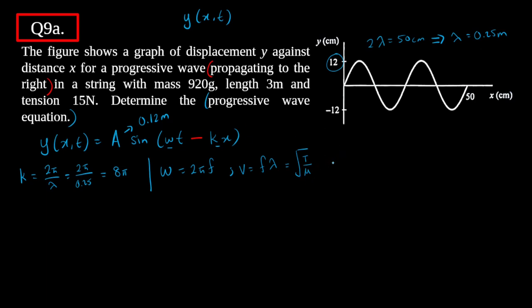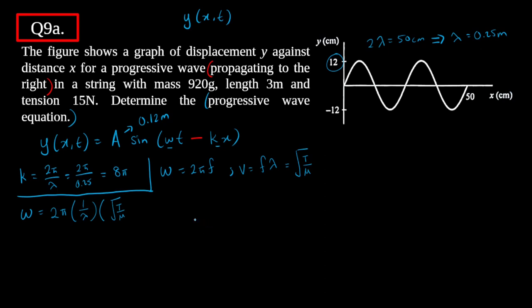Now, if I simply rearrange this equation, what I'll find is that omega equals 2 pi multiplied by 1 over lambda, and then that multiplied by the square root of T over mu.